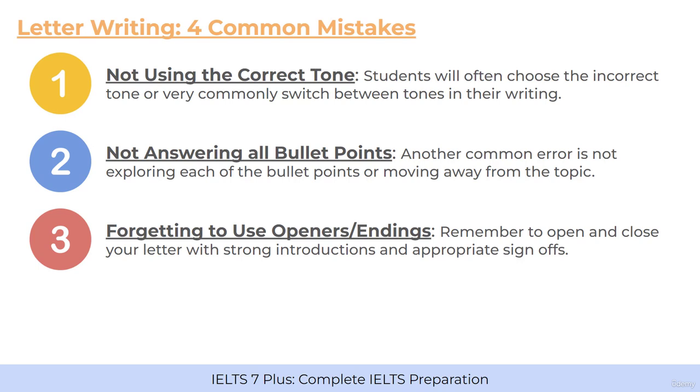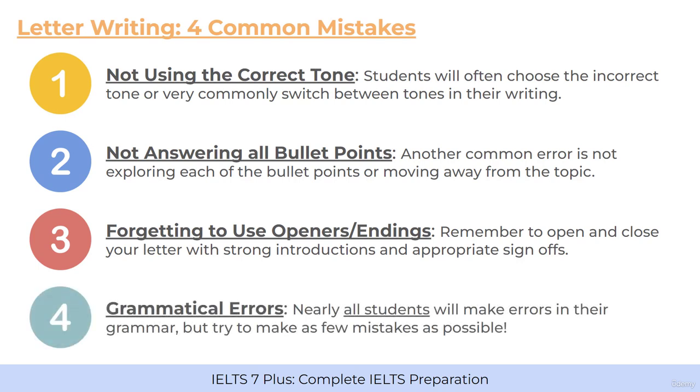Now, the next mistake is something that is super important in all English writing tests and often not really discussed enough with students. And that's really about students making grammatical errors. Now, you remember from the band descriptors, grammatical accuracy is 25% of our score. That is, of course, true. However, students will often make mistakes with their grammar, which means that they are stuck at certain band scores.